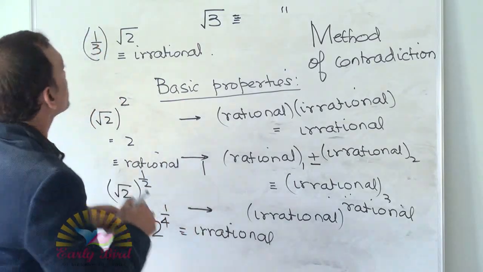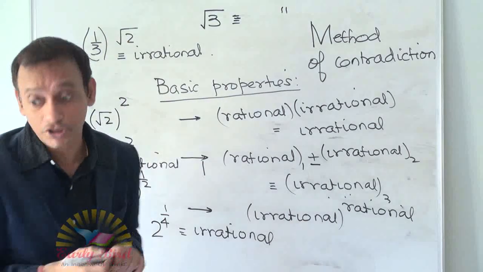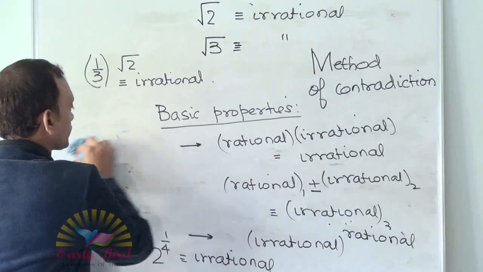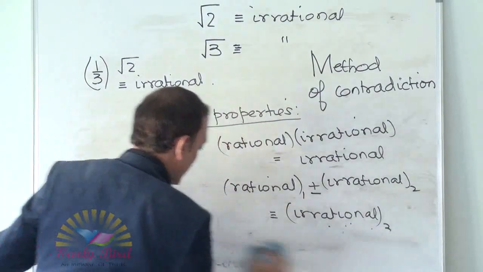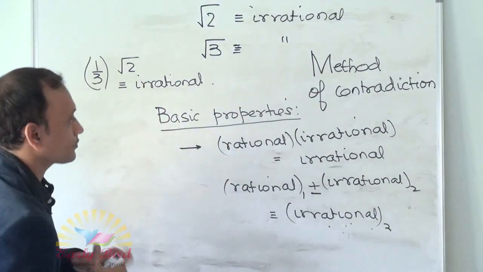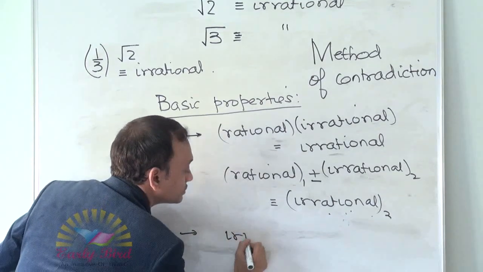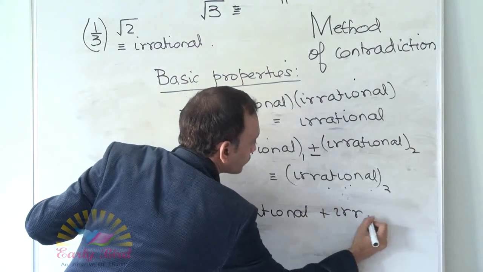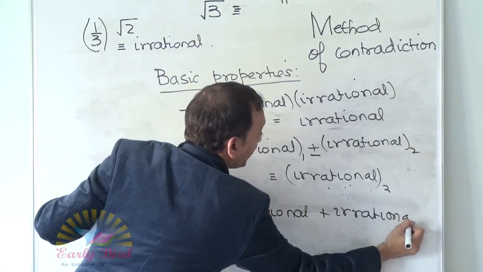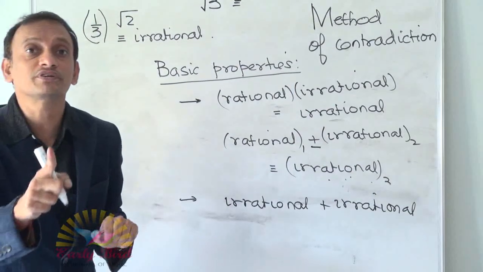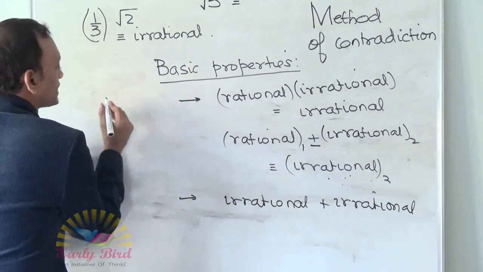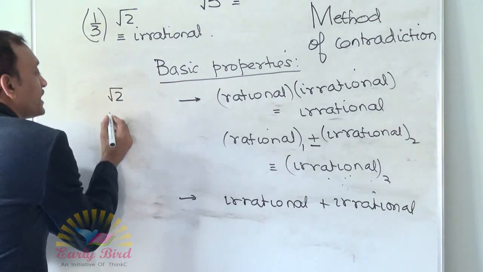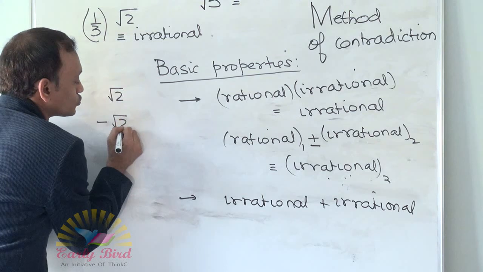Take notice of this. Sum of two irrational numbers. What about that? That means irrational plus irrational. That could be rational as well as irrational. For example, I take one irrational number as root 2, and I take another irrational number as minus root 2.